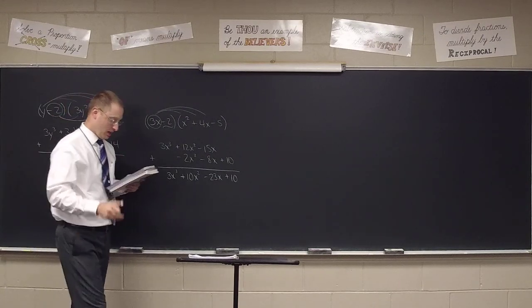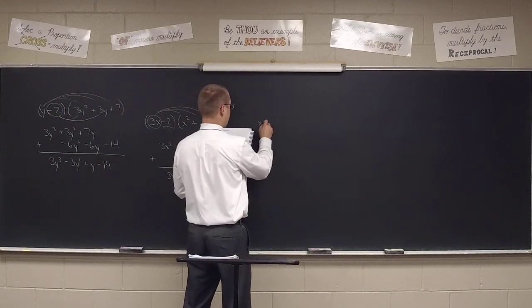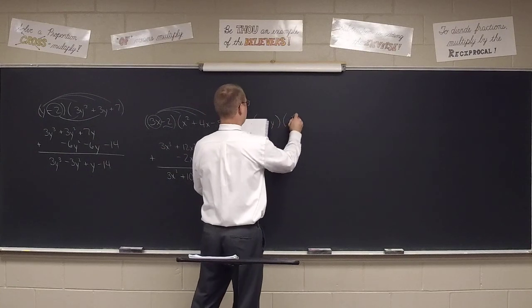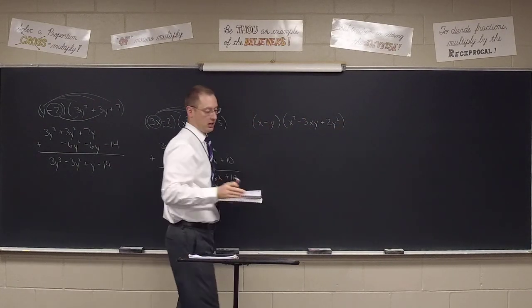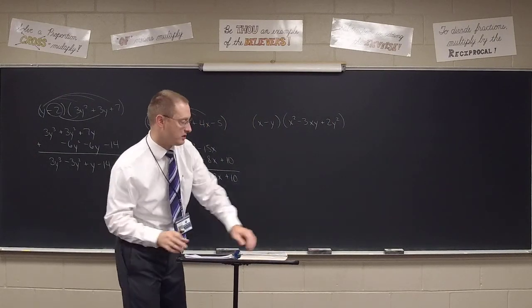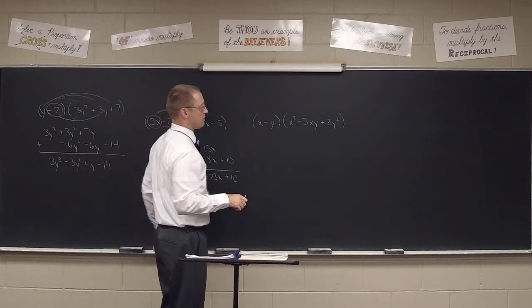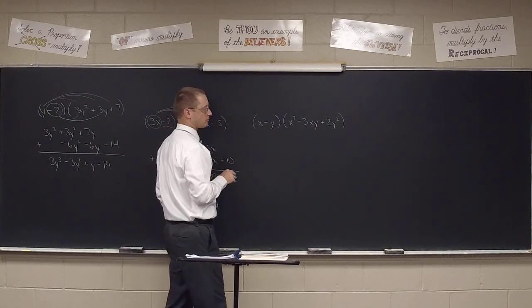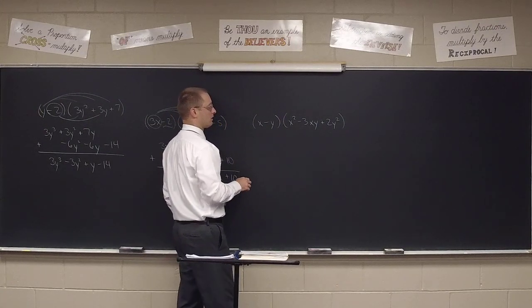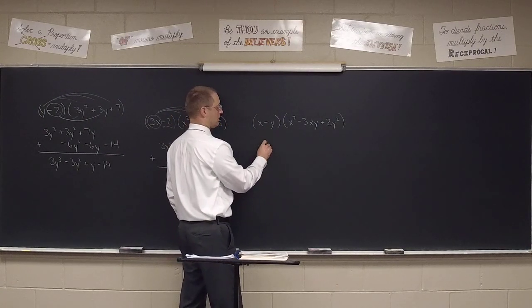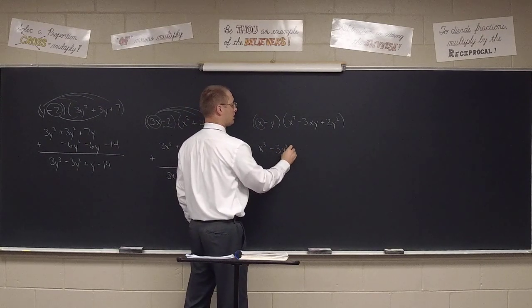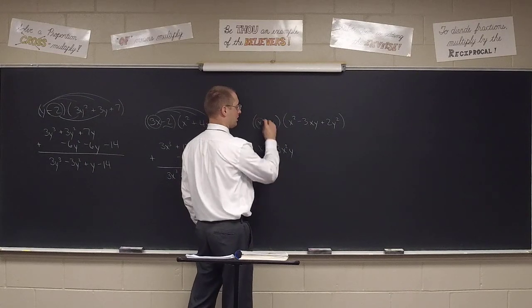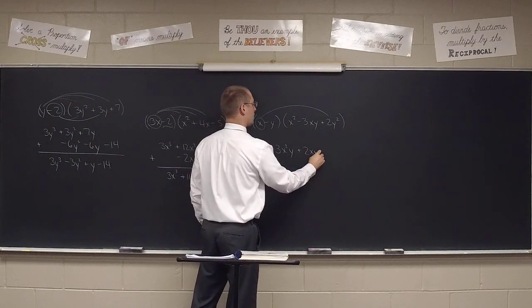Yeah. Okay. On the next one, we had x negative y being distributed to x squared negative 3xy positive 2y squared. I'm not trying to pick on you, but I do want to make sure you've got this. Ignore what's on your paper. Go ahead and do this problem. Walk us through. x cubed negative 3x squared y, 2xy squared.